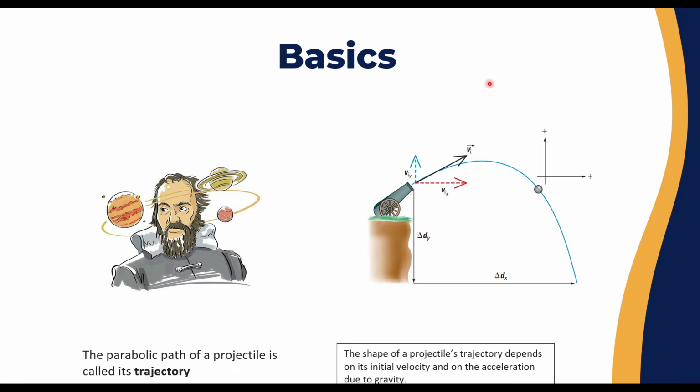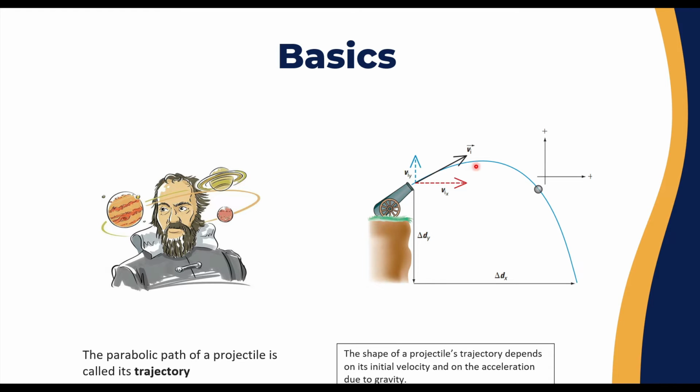Now, the basics of projectile motion. The first person who seriously thought about projectile motion is our genius Galileo, and he realized that many objects thrown at a certain angle with a certain speed will go in a projectile motion, which is in the form of a parabolic path.